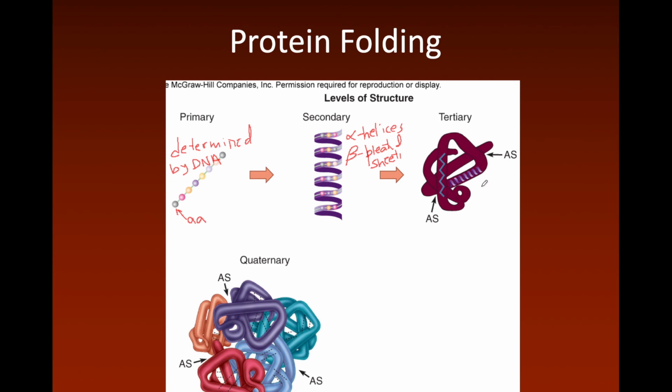And this tertiary structure is formed through internal bonds. The most common types of bonds are called disulfide bonds, where two sulfur groups get together and bond between amino acids that have these sulfur groups on them, like cysteines, or hydrogen bonds.